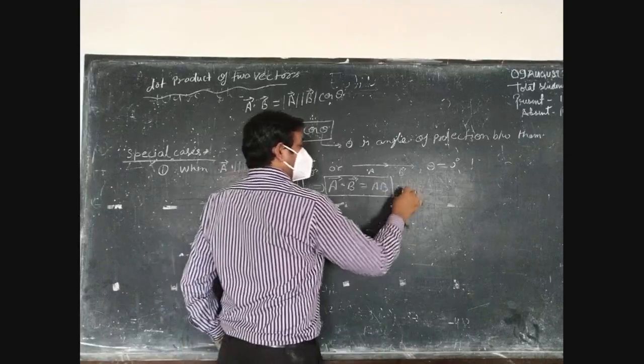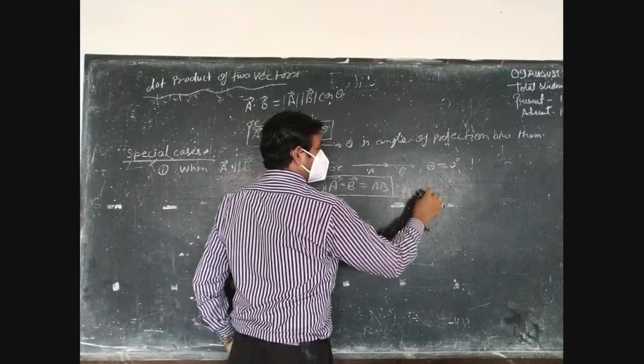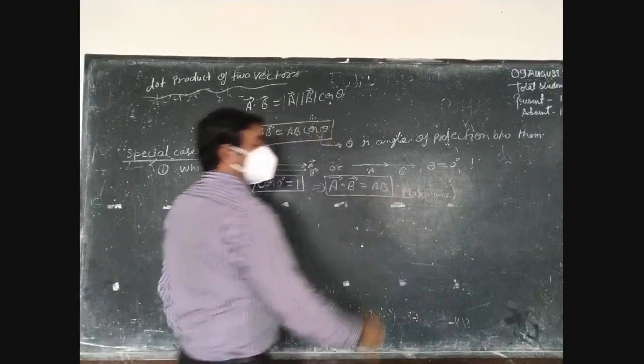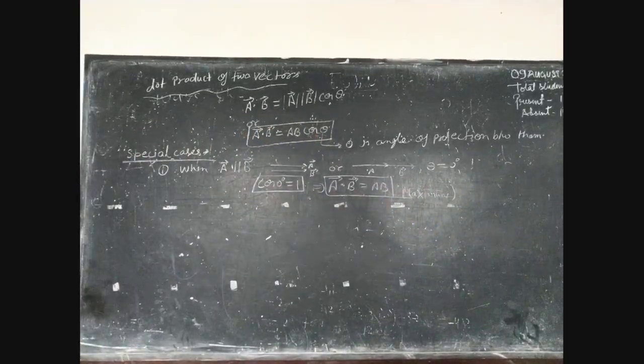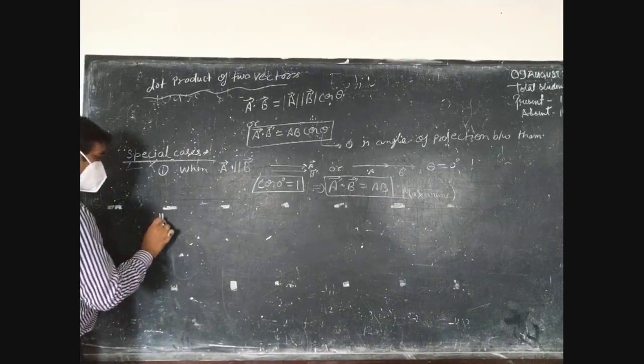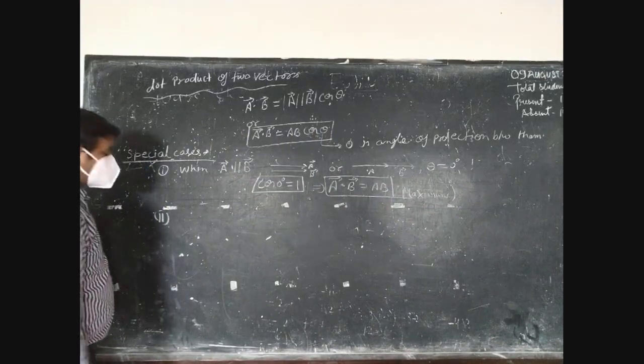This is the maximum value of the product of two vectors when calculating the scalar product.